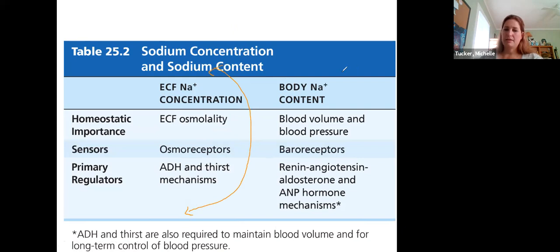And then we had already talked a little bit about the renin, angiotensin, aldosterone system when we talked about blood pressure. So we're going to continue to talk about this part because right now we're talking about regulating sodium. So how much sodium do we want in our body? If we want a lot of sodium, or more sodium, then we will activate the renin, angiotensin, aldosterone system.